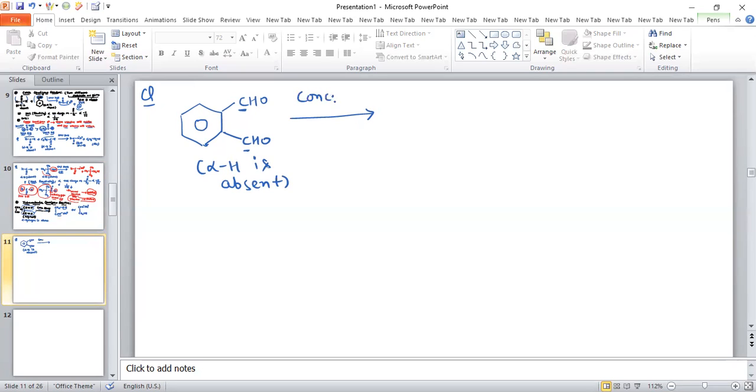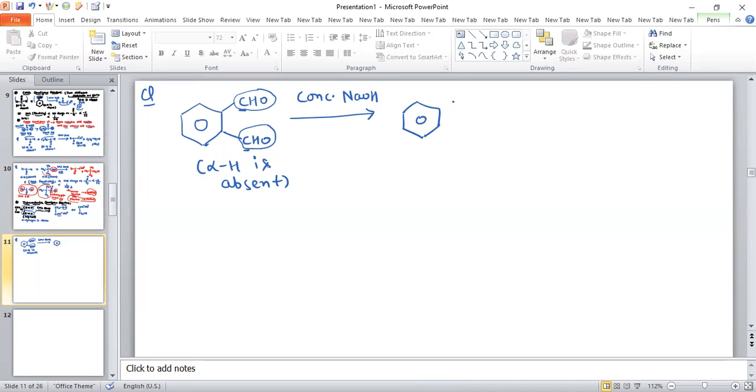And the reaction is in the presence of concentrated NaOH. So what happens? Because both are the same, one of them will be oxidized and the other will be reduced. One will oxidize into the salt of carboxylic acid and the other will be reduced into alcohol. So the product obtained will be like this.